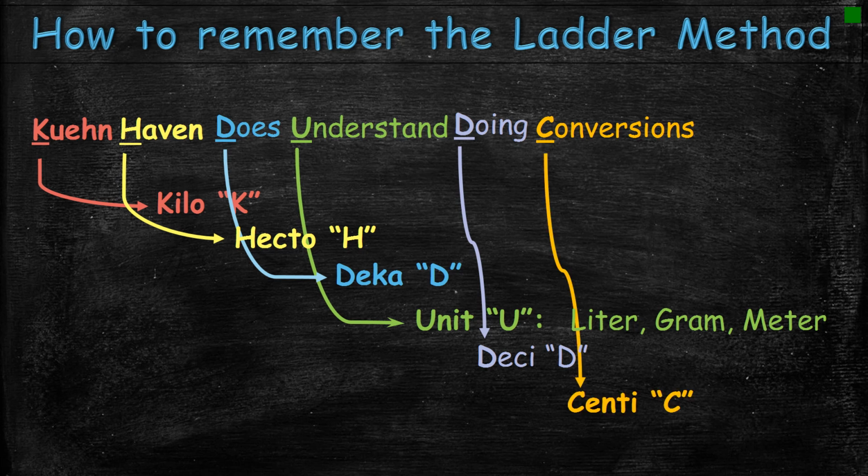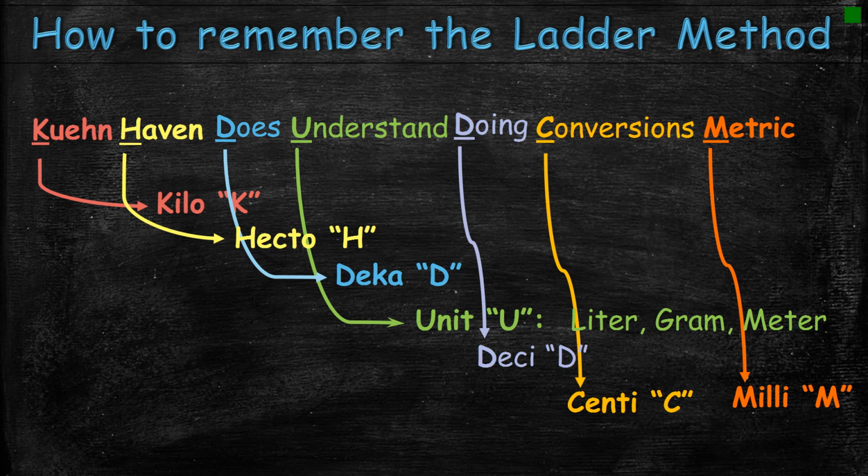Centi. Good. And then the last one, conversions metric, what is the M for metric? Milli, so that M. So again, if you can remember, King Henry Does Understand Doing Conversions Metric, you're going to remember kilo, hecto, deca, unit, deci, centi, milli.